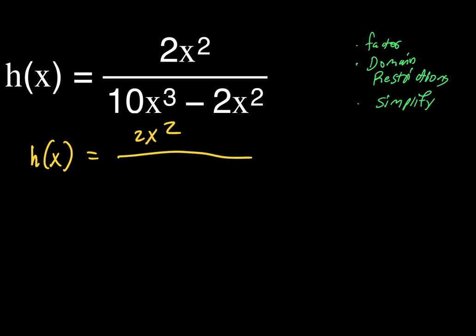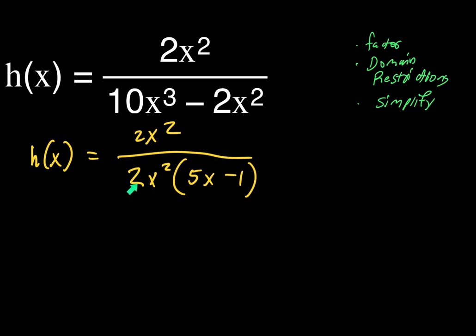In the denominator, there's a 10x cubed and a 2x squared. Do they have a GCF? Yes. 10 and 2, both divisible by 2. X cubed and x squared are both divisible by, I see your work, x squared. When I factor that out, it's left with 5x minus 1. And again, if you're wondering, hey, did I do this the right way?